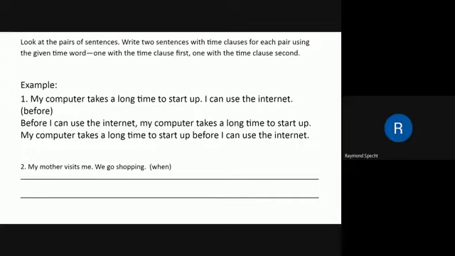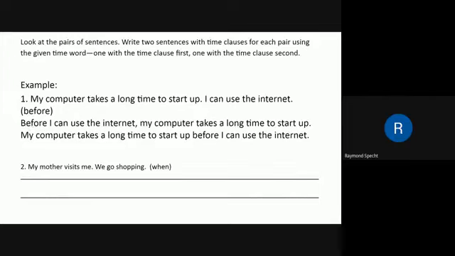All right. So they give an example here. My computer takes a long time to start up. I can use the internet. They want you to use the time word before. Before I can use the internet, comma. I have to have the comma because I have my time clause first.